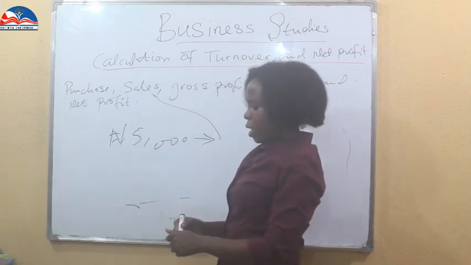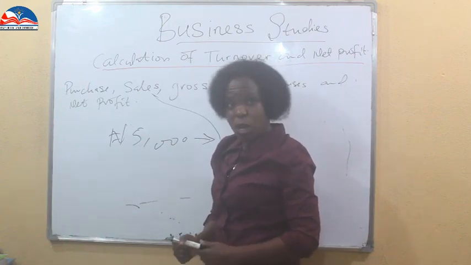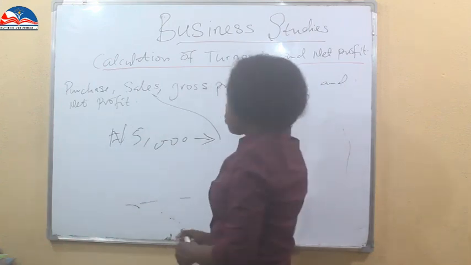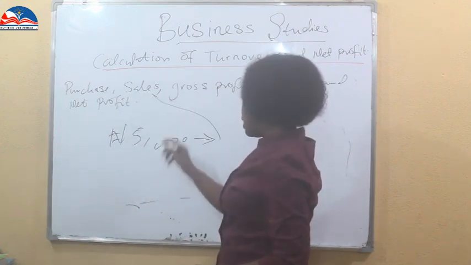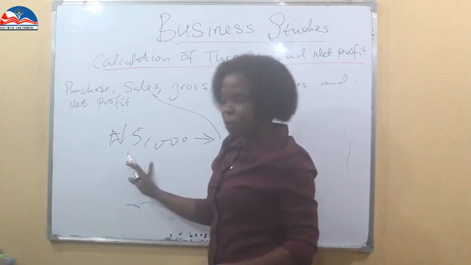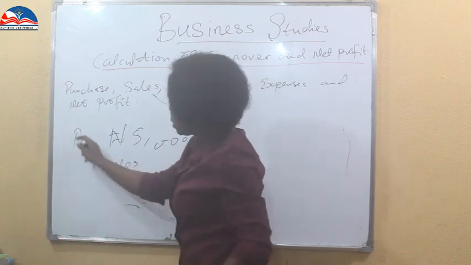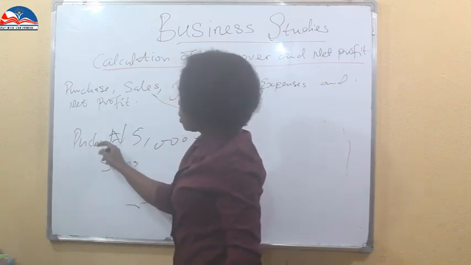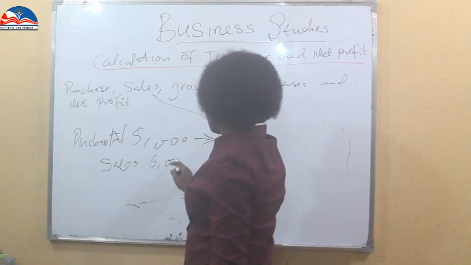So if he is into business and he is ready to do business the way business ought to be, while selling, he adds his own profits. Let's say he gets this product at 5,000 and he purchases at this price and sells at 6,000 naira.